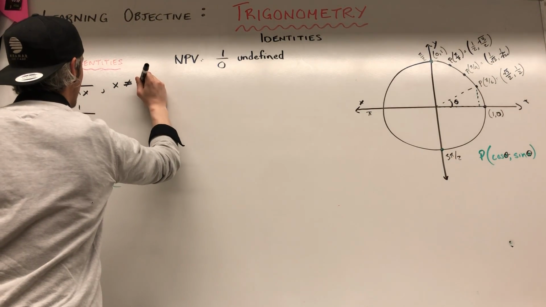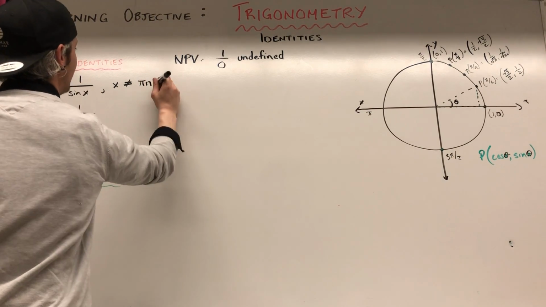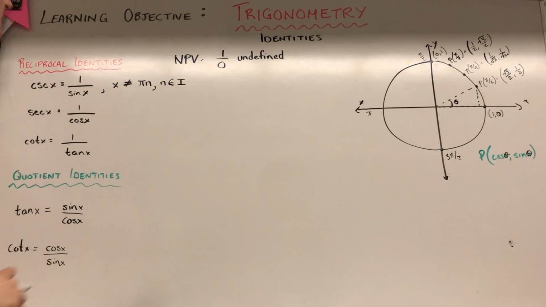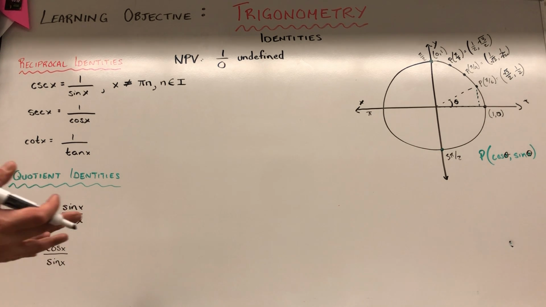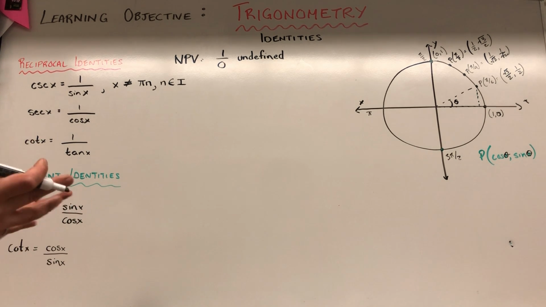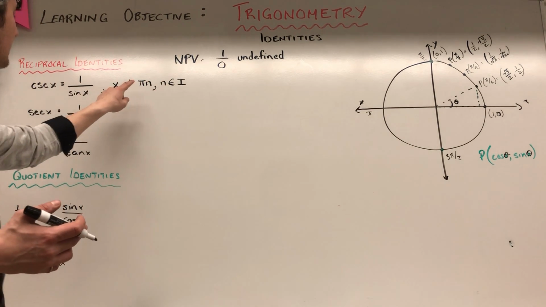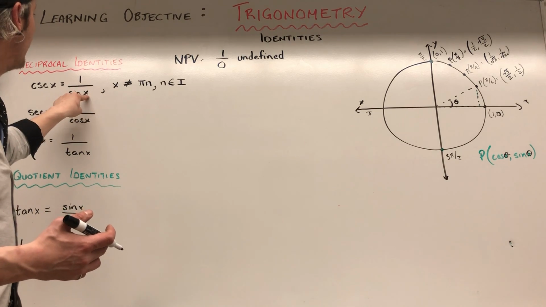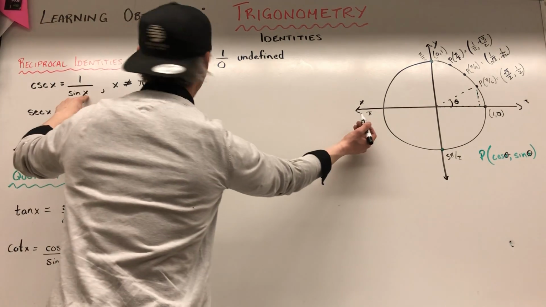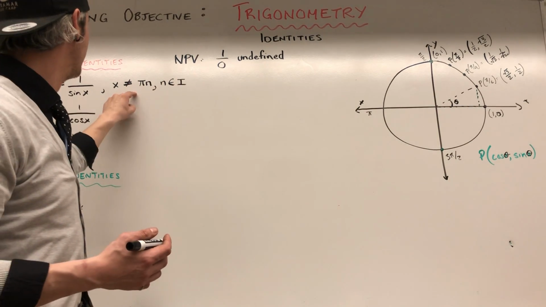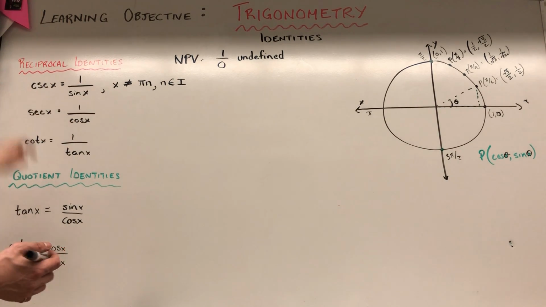So x cannot equal pi times n, where n is any number that's an integer. And we have to use integers and not real numbers because integers are whole round numbers that work for us, okay? So if I have x is equal to pi, sine of pi is 0, 1 divided by 0 is undefined. So that's a non-permissible value. Here's a non-permissible value for this guy.